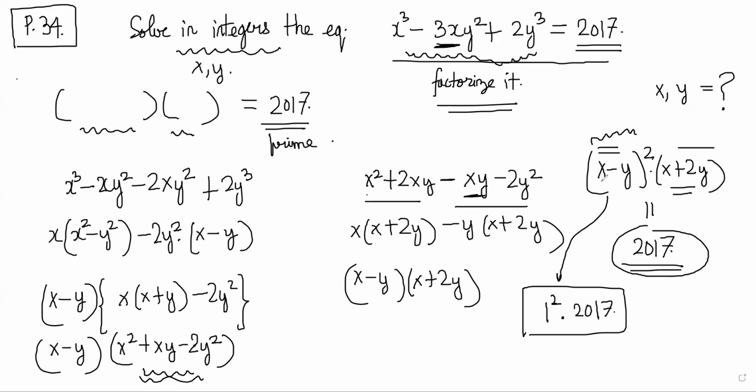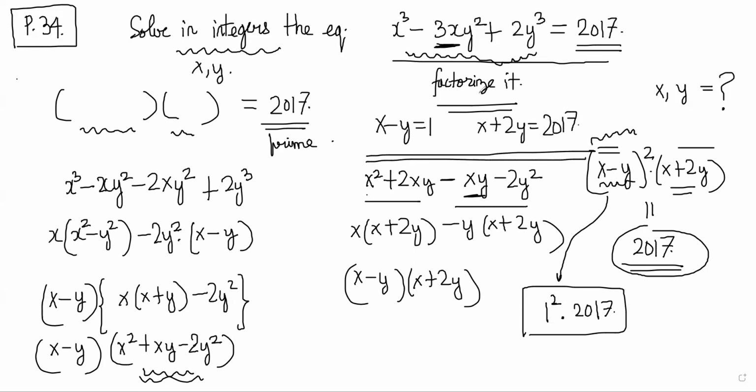Yes, sir. You cannot take x minus y to be anything other than 1, because then it will have factors, no? So now the question is over, because you know that x minus y is 1 and x plus 2y is 2017. If you solve this, you will get the answer.